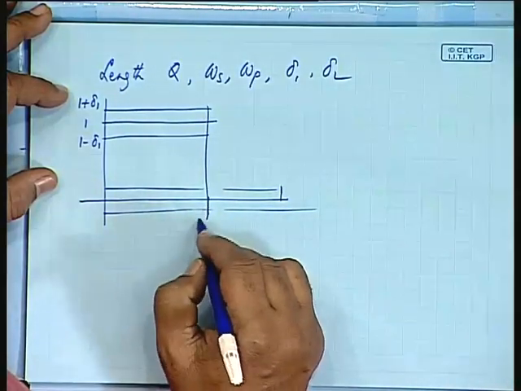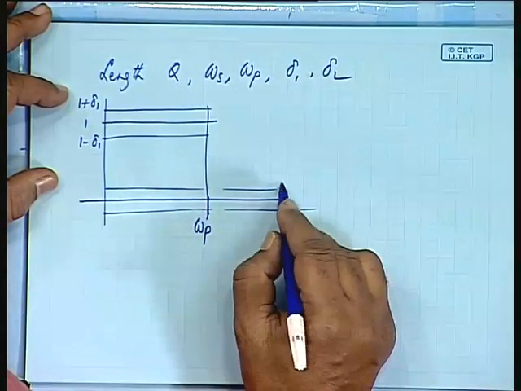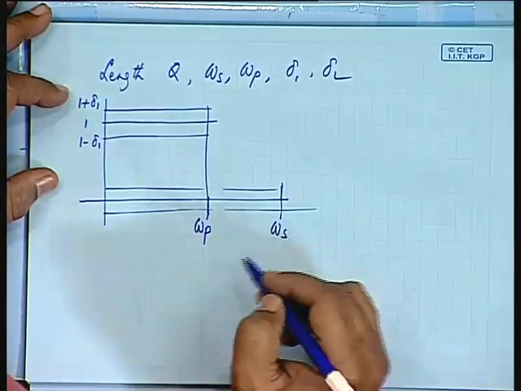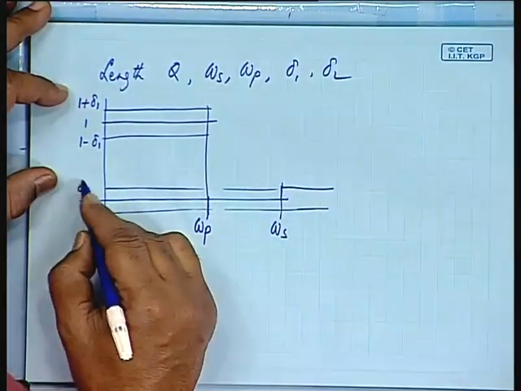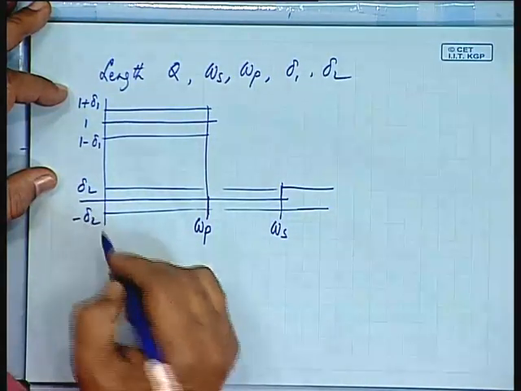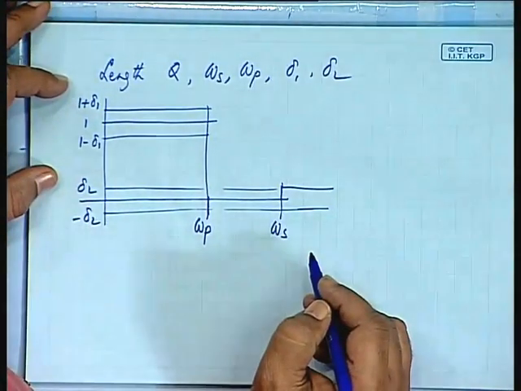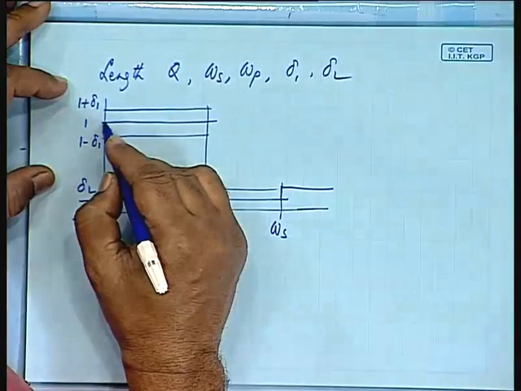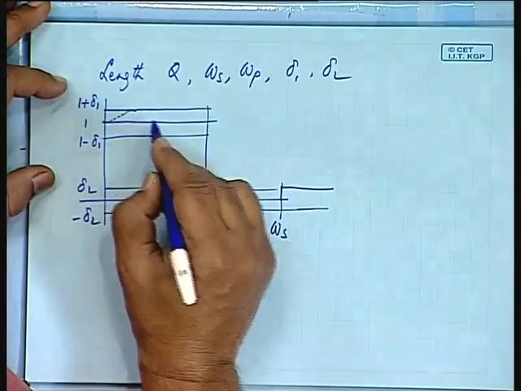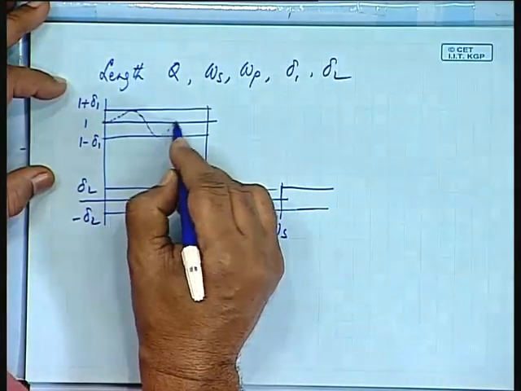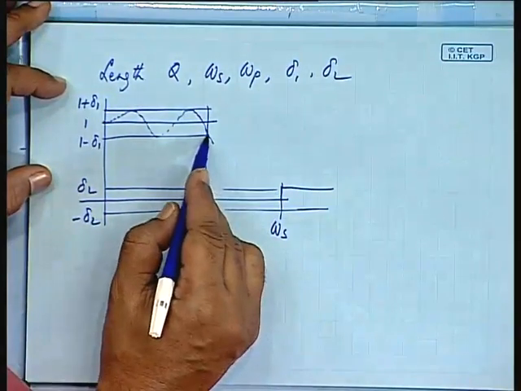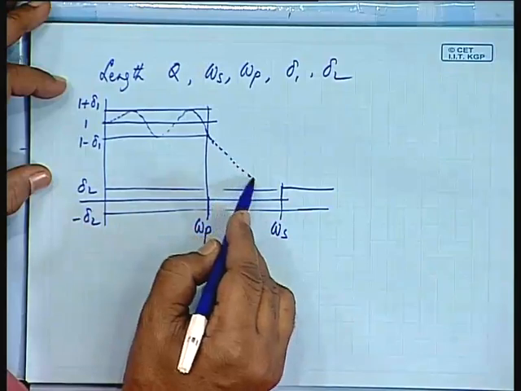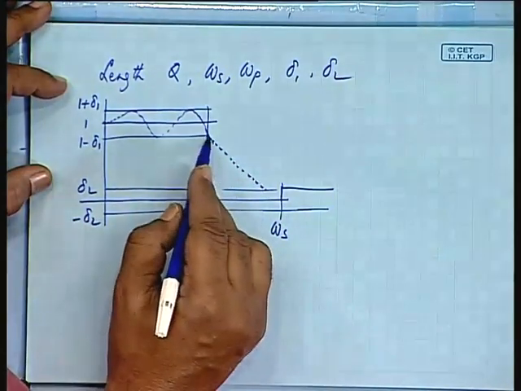This is omega p, this is omega s, this is delta 2 and minus delta 2. The response may be varying like this.